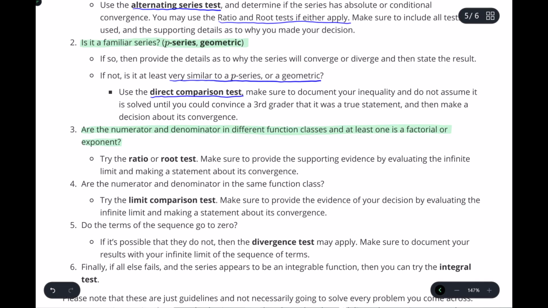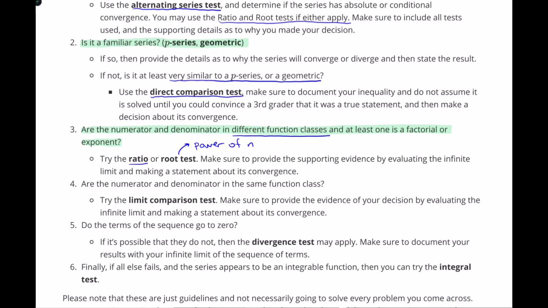If they're in different function classes, the ratio test is a great possibility. For the root test, you would probably need some power of n. But if you see numerator and denominator in different function classes, usually the ratio test is a great choice to use.